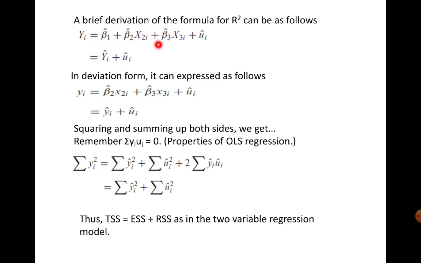Right, this first line is yi is equal to beta 1 hat plus beta 2 hat x2i plus beta 3 hat x3i plus ui. This is the general form of the three variable regression model. This ui hat is my error term. It's also known as the residual term or the deviation of observed yi from estimated yi hat.